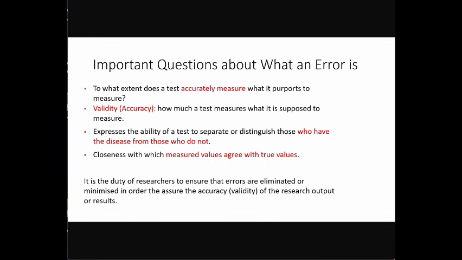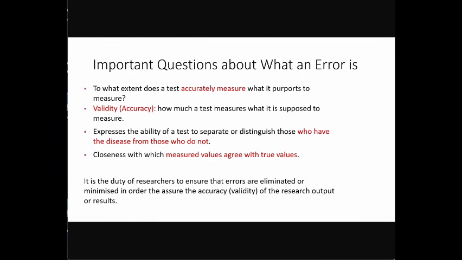Facts are things we can experiment on, we can touch, we can feel. But truth, we might not know the truth. So in science, we can know the facts because it's the evidence before us. That's what we can say about it. So important questions about errors we ask is that, to what extent does a test accurately measure what it purports to measure?